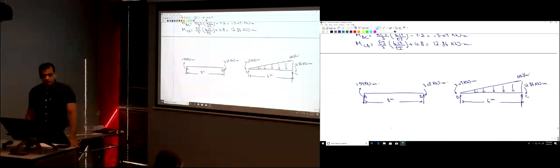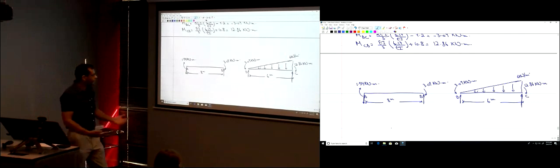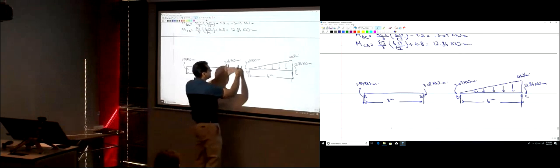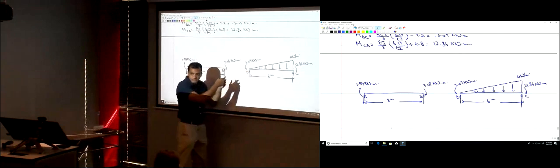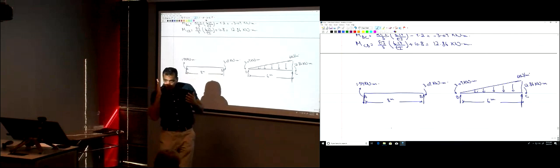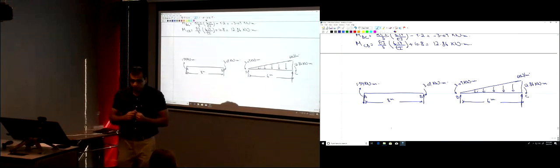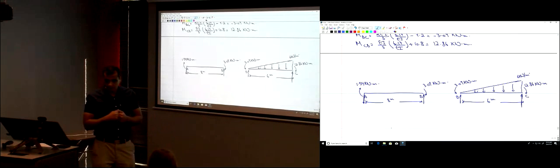Even though we're putting it back as one member, when you put it back as one member, adding them together, it's 0. There was no moment applied at this point. But when you break it, these are the internal forces, right? You only see the internal forces when you break the member. So on the bending moment diagram, we're putting it back together.